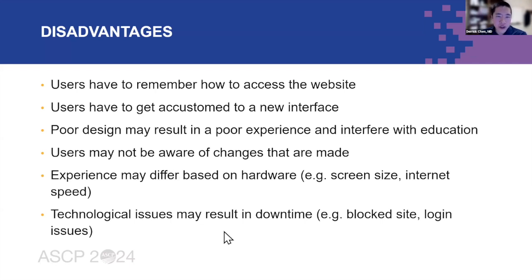And then technological issues, since it is digital, since it does rely on the internet, if it's a website, you can run into these issues. I myself, for the website that I'm going to show you, both Google Chrome and Microsoft Edge blocked my website. I'm sure you've all encountered it, but when you're surfing the web, sometimes you'll click a site and then Google Chrome will say, this is a potentially malicious site, and it doesn't let you go to that site.